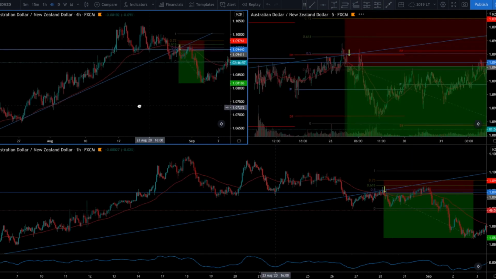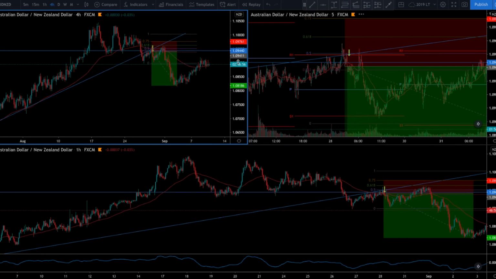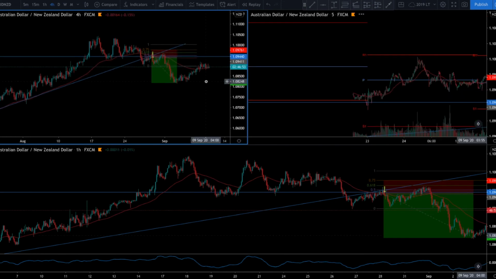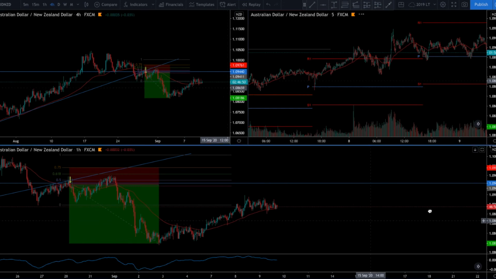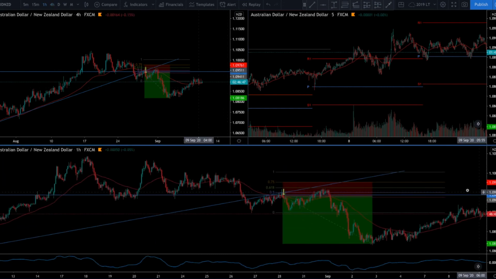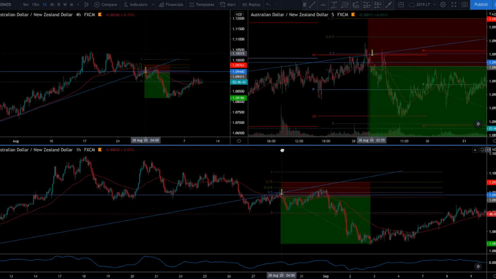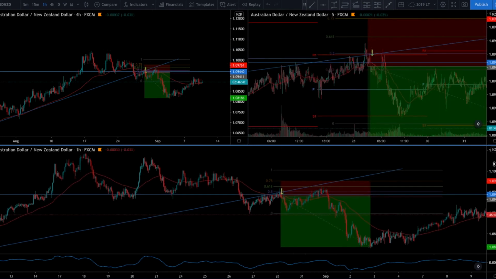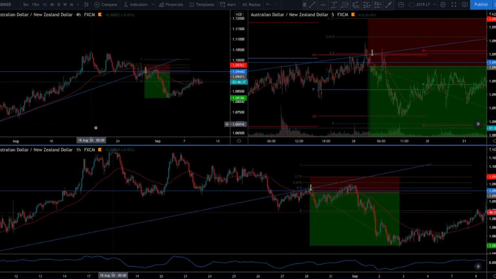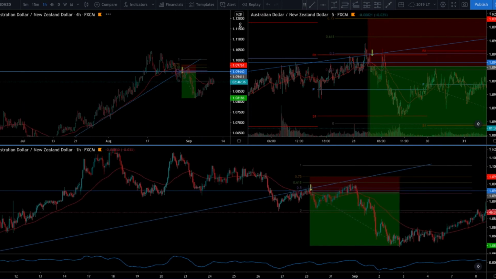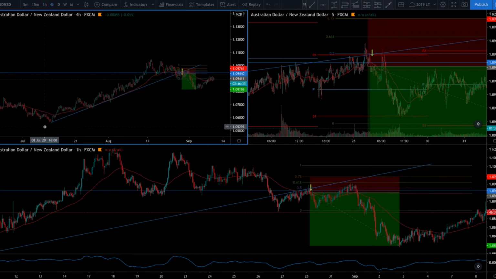So this is the lower time frames, and I'll show you where exactly I got in. You can see the 4-hour was trending up for quite a while.